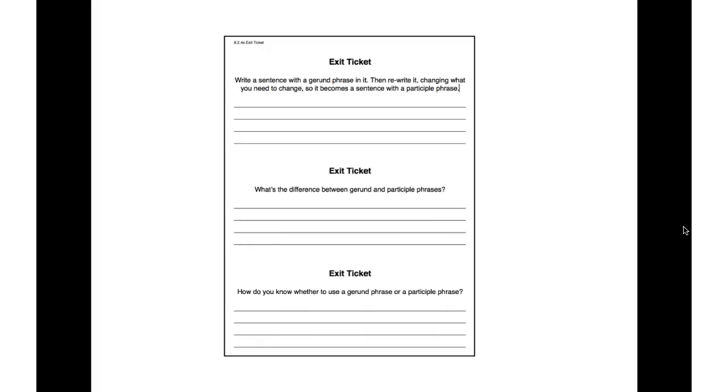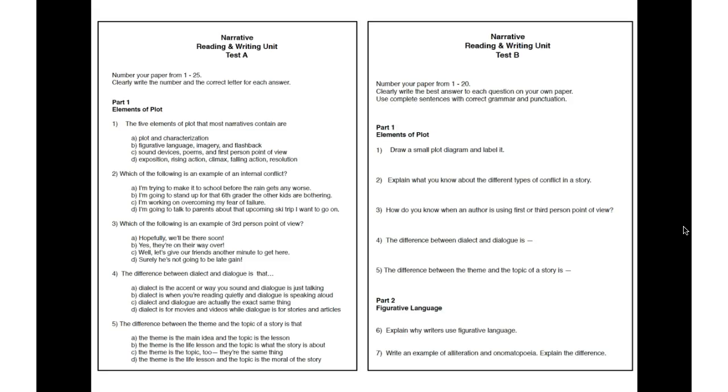So the teacher could make copies of this page, cut apart the 3 different types of exit tickets, and they could use one type or one question for one class, or they could give different students within the class a different exit ticket question. But there are so many different ways to do it, and I find and create and build ways to differentiate within each lesson. So sometimes it's with the way you teach an activity, sometimes it's with the exit ticket or the quiz, but it's always built in and it's always there for you.